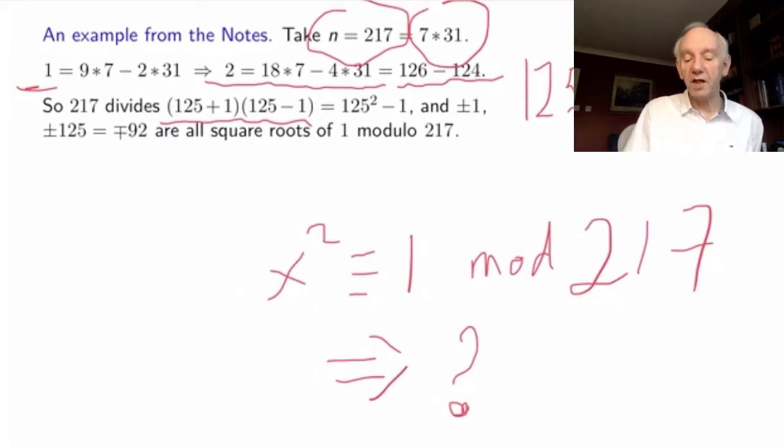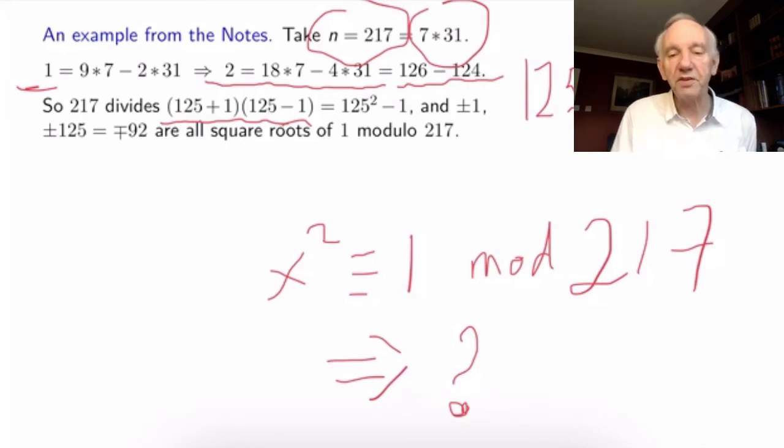So what I'm telling you therefore is that 217 divides the product of 126 and 124 because of this observation here. Because 7 divides the 126, and 31 divides 124. So therefore, 217 divides the product.